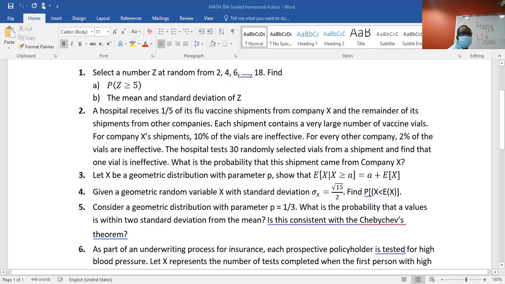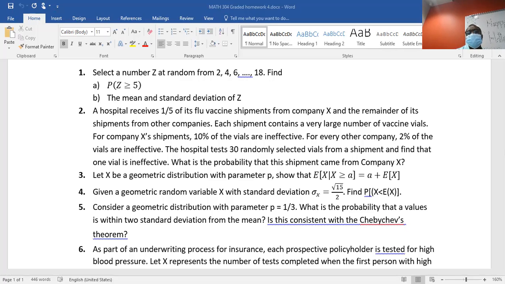We want to show that P(X | X ≥ a) equals a plus C of X for a geometric distribution. So we want to define the conditional random variable.